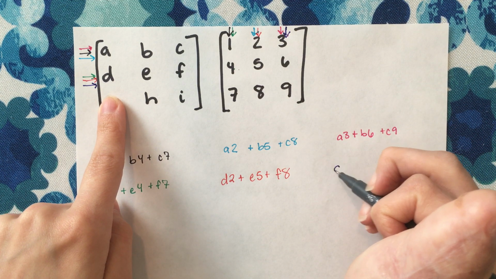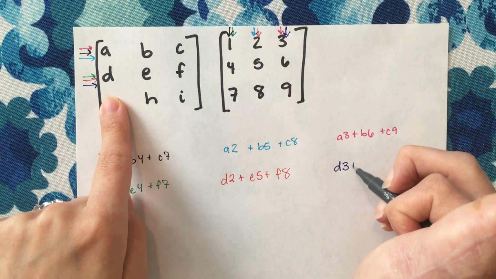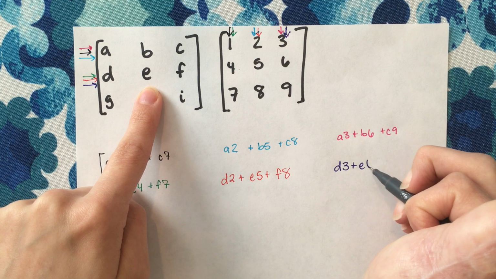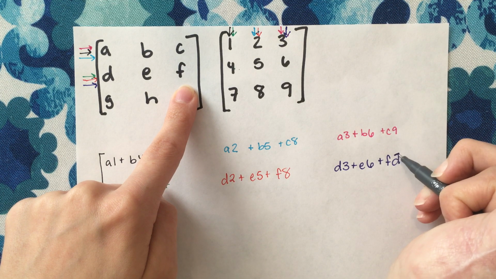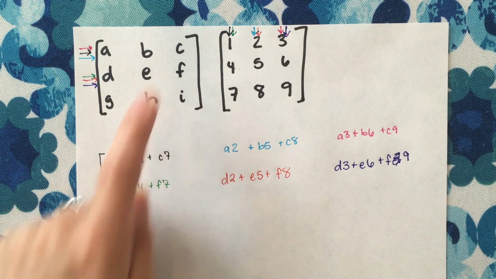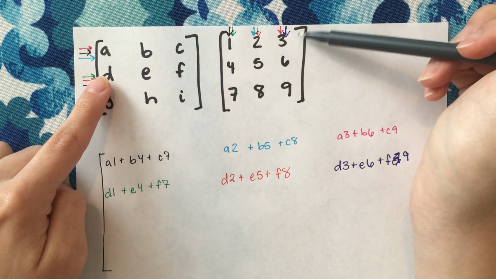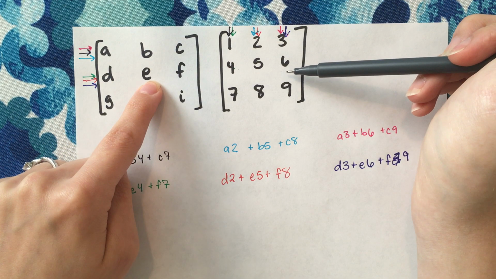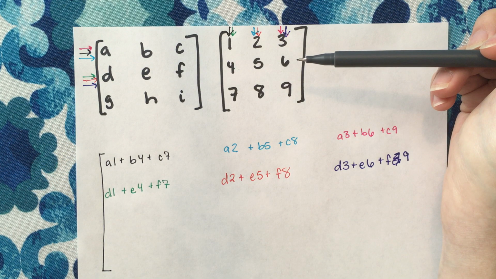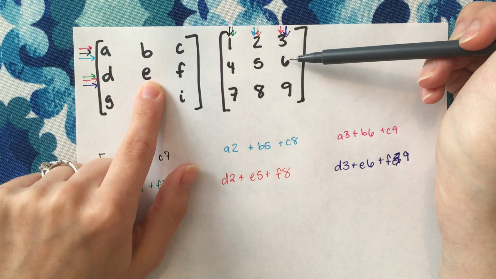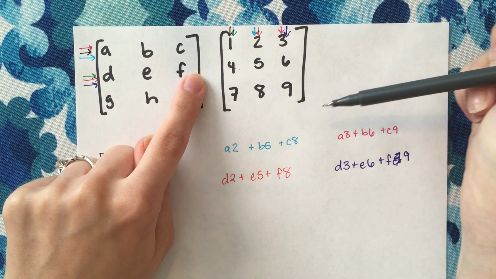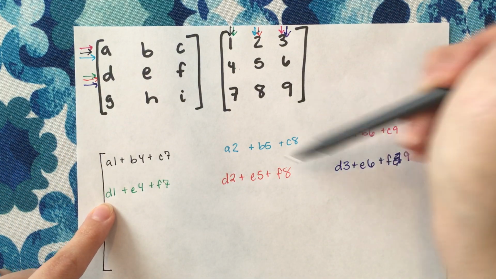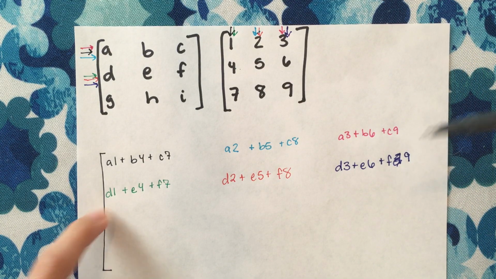So I'd have D times 3 plus E times 6 plus F times 9. Second row, third column. Okay?